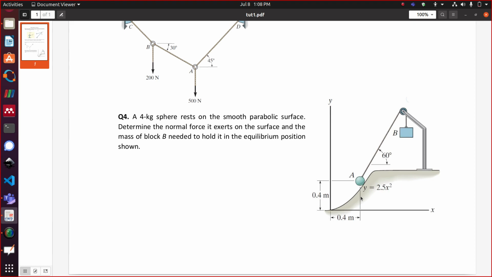Now how do we solve this system? It's given that the surface is smooth, which means there is no friction there.